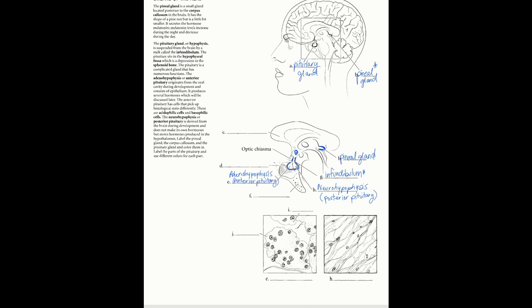Now, our pituitary is housed within the sphenoid bone of the skull. We're going to talk a whole lot more about that when we go over the skeletal unit. But this bone actually has a nice groove in it called the hypophyseal fossa.